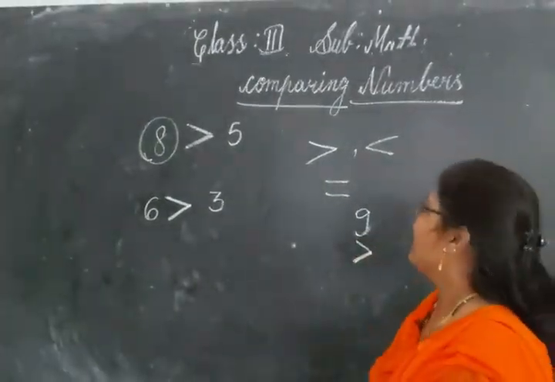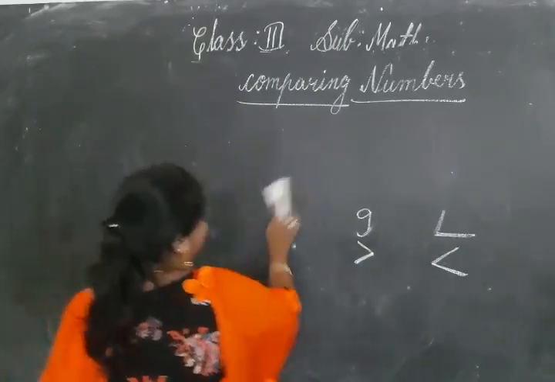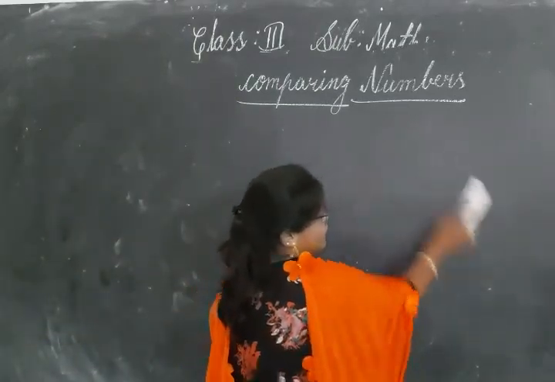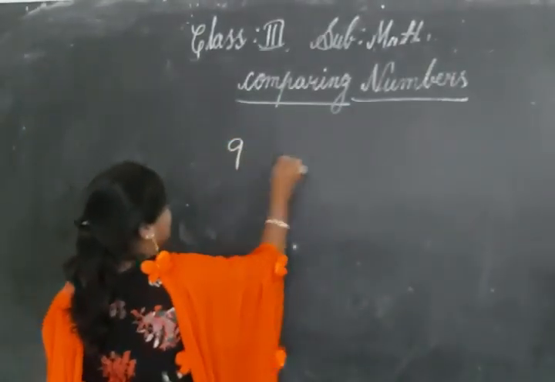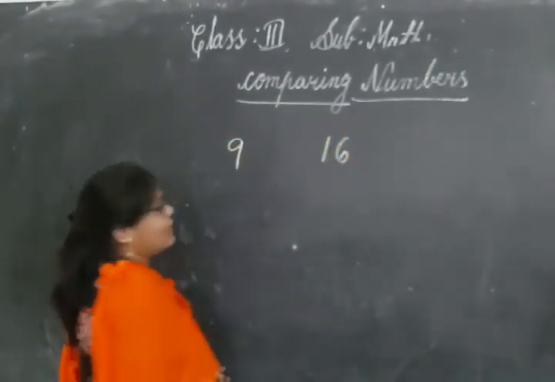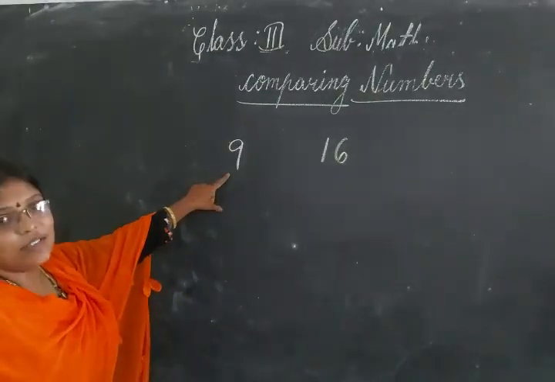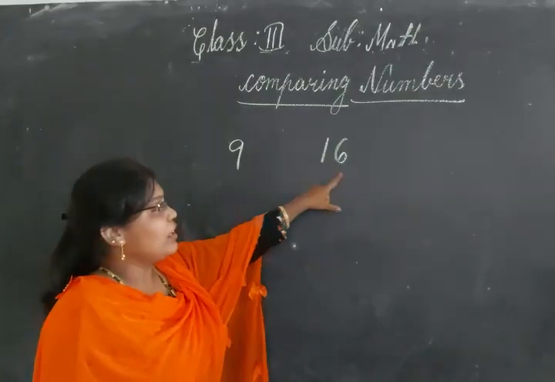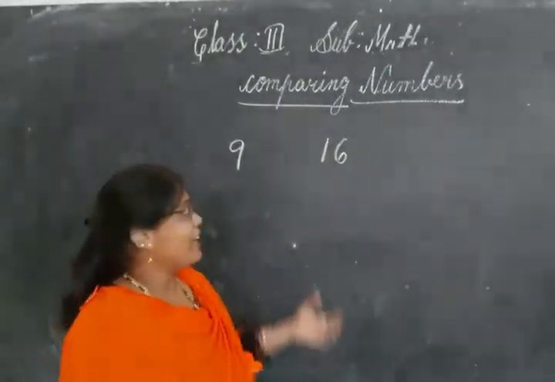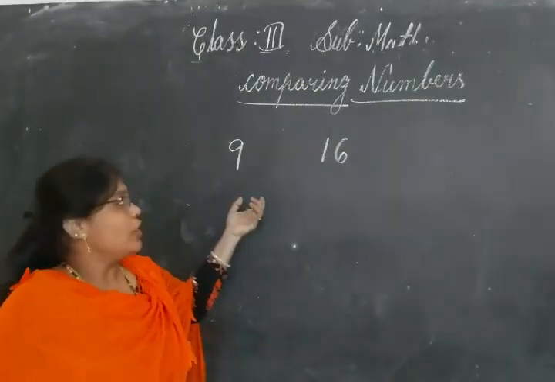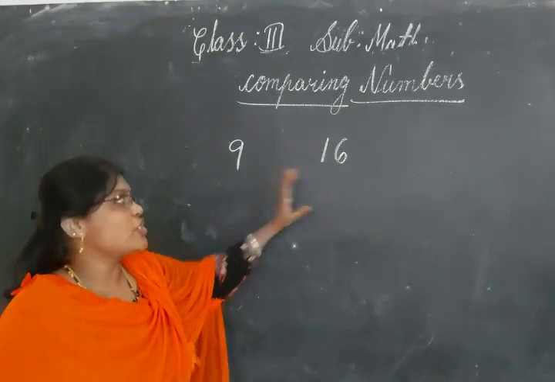Let us take another example. Let us take two numbers on one side. See children, here we have only a one-digit number and here we have two digits. For this we have a trick. Count the number of digits in each number.